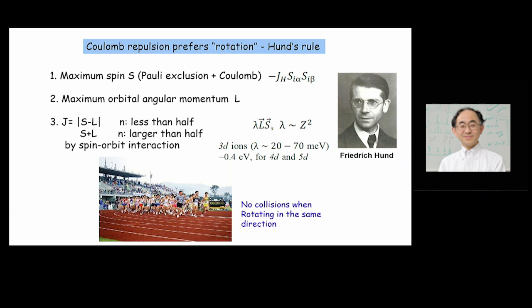This is actually comparable to the Coulombic energy for the 4d electron system. And then J should be the absolute value of S minus L when the number of electrons is less than half. For the 3d case, it is less than 5. And if n is larger than 5, then it should be S plus L. This comes from the spin-orbit interaction. So these are the three rules of Hund.